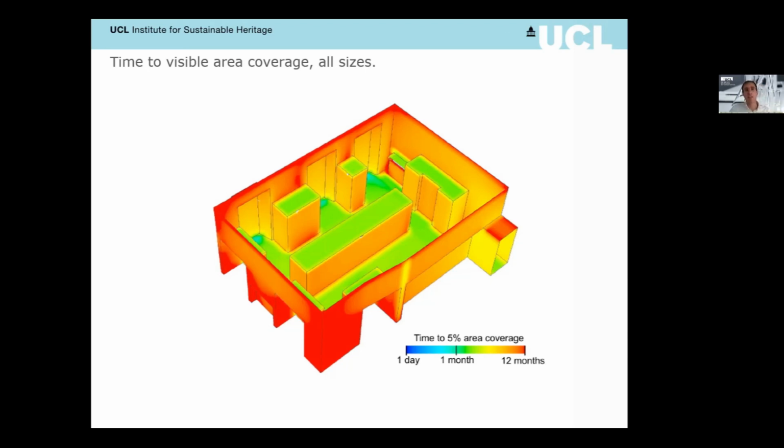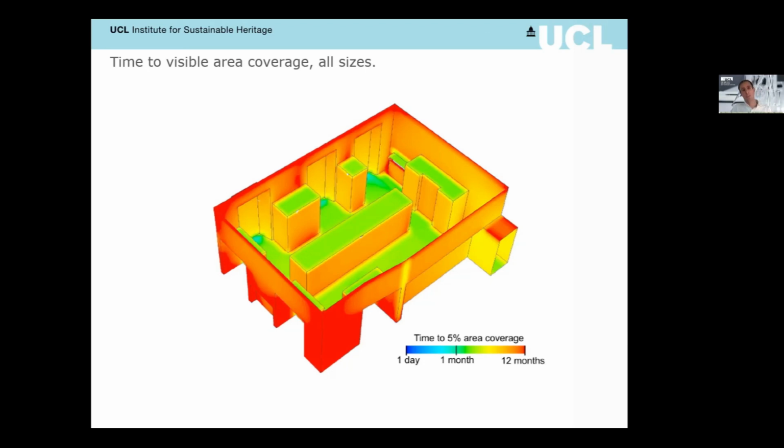In this case, this plot is showing for all the possible sizes of particles that are in this room, all of them in aggregate, they will deposit on surfaces, they will cover a certain area. At some point, we're going to reach a percentage of area coverage that we consider unacceptable. I'm taking 5% because it's similar to that plot, but each institution could choose anything.